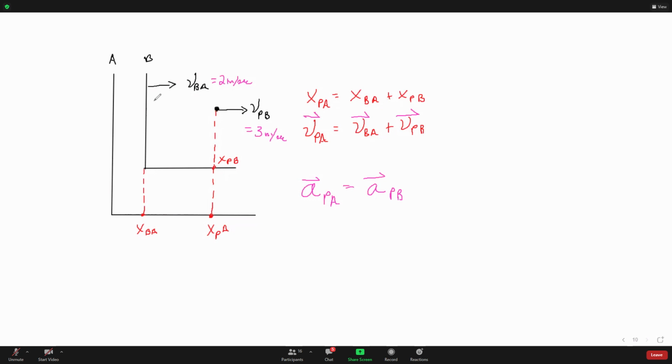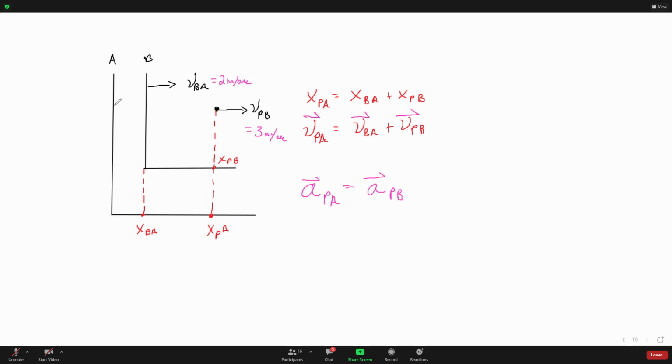An inertial reference frame is a frame that is moving with a constant velocity with respect to another inertial frame. So I'm considering A to be at rest. B is moving with a constant velocity with respect to A. So B is an inertial frame because I consider A to be an inertial frame.